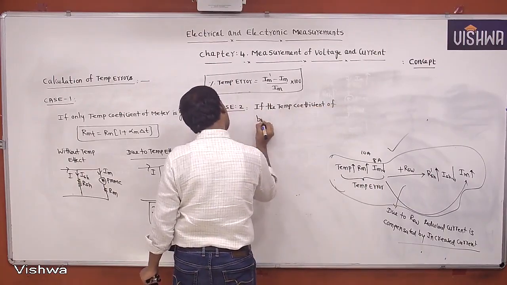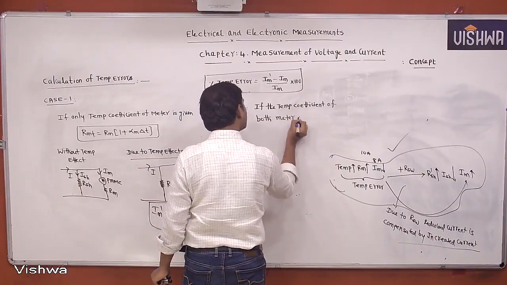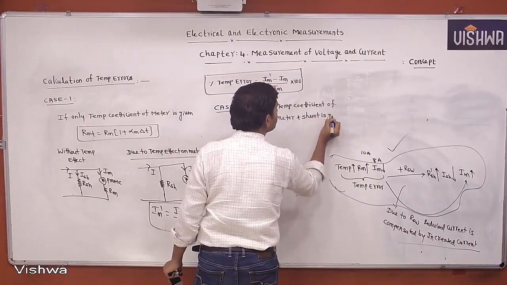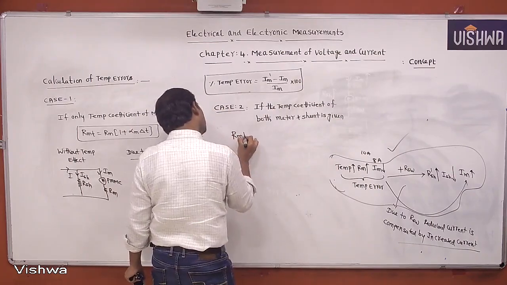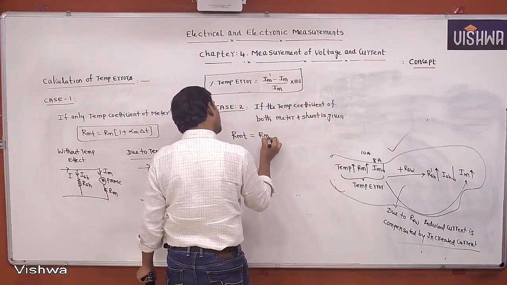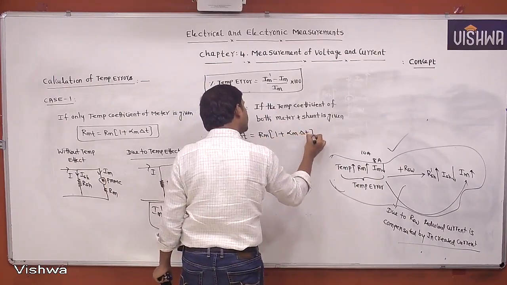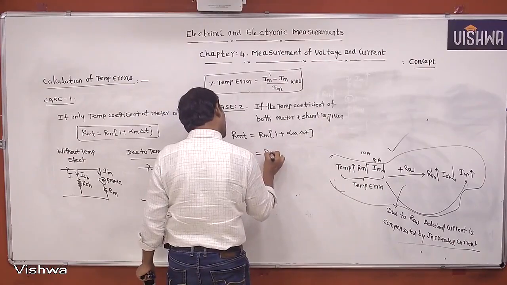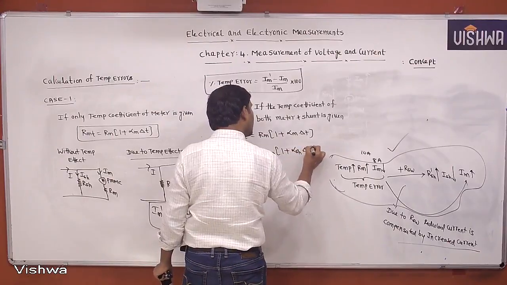Then you calculate RMT equal to RM into 1 plus alpha m into delta T. Similarly, RSHT equal to RSH into 1 plus alpha SH into delta T.